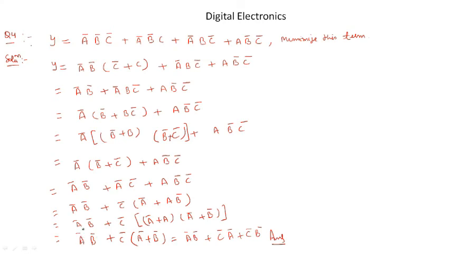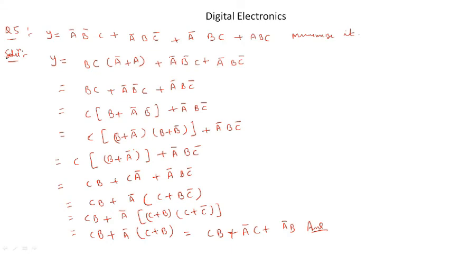So it will be a bar b bar plus c bar (a bar plus a) is equal to 1, so when we multiply 1 in bracket a bar plus b bar, we will find a bar plus b bar, so it will be c bar in bracket (a bar plus b bar). Finally your expression becomes a bar b bar plus c bar a bar plus c bar b bar.